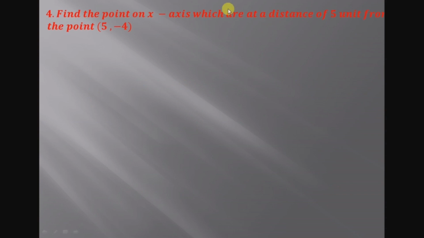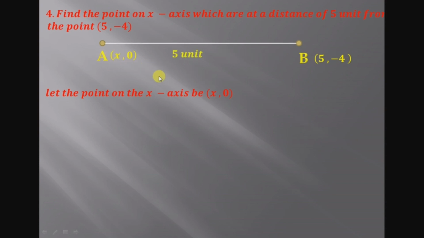example. Find the points on the x-axis which are at a distance of 5 units from the point (5, -4). So let us consider A, whose coordinate is (x, 0). This point A is on the x-axis, so we consider its coordinate as (x, 0). If this point were on the y-axis, we would consider it (0, y). And B, whose coordinates are (5, -4), and the distance between A and B is 5 units.